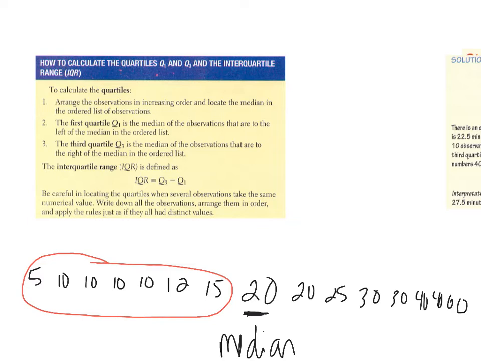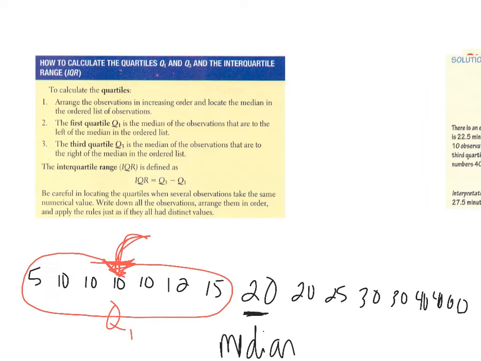So 20 is my median of the entire set. And so when I'm looking for the first quartile, I am looking for the median of the numbers that are to the left, which is going to be this one here. I've got 7 numbers to the left, and so this one right there is in the middle. So this would be my Q1 value.